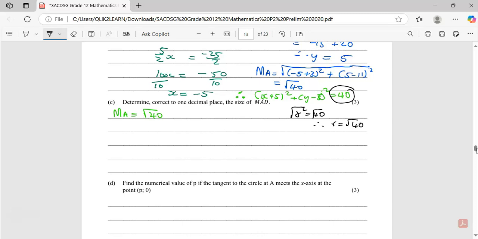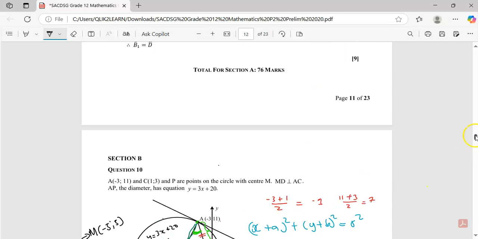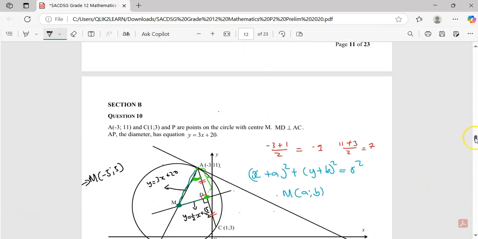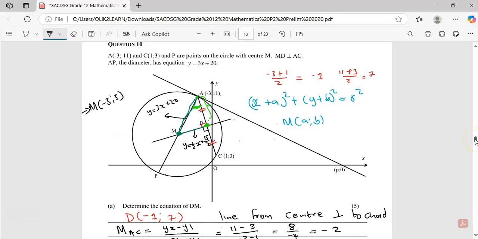So now that we have MA, all we have to do is use the distance formula to find DA. We have the points A, which is minus 3 and 11, and the points D, which is minus 1 and 7.